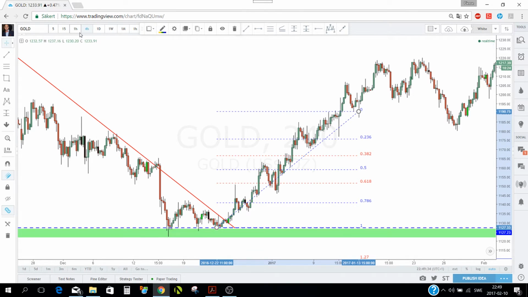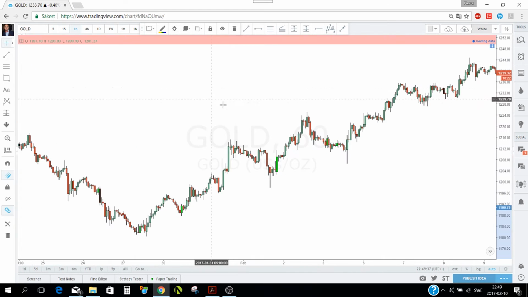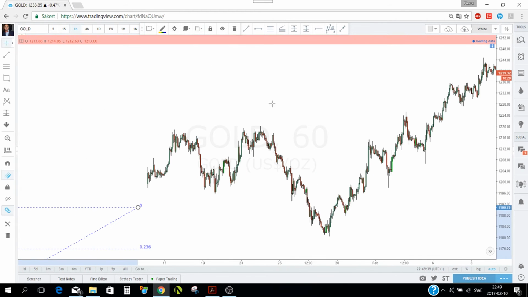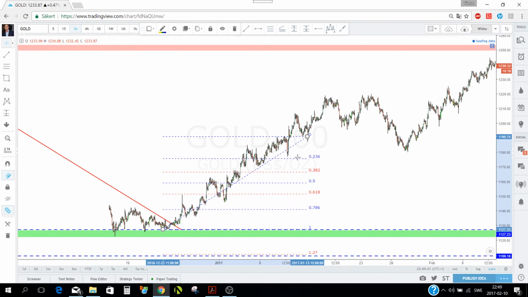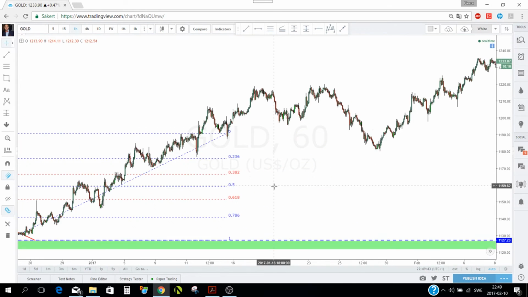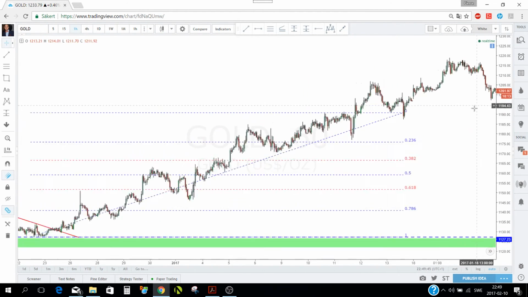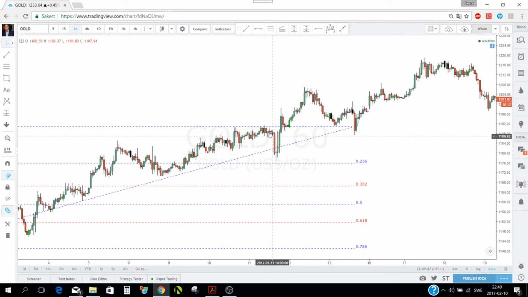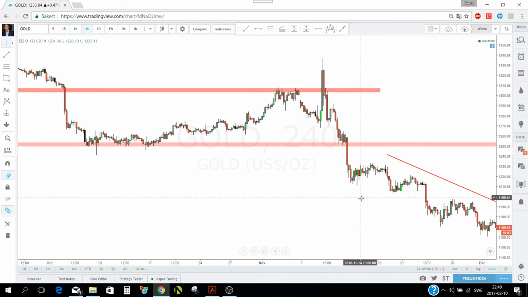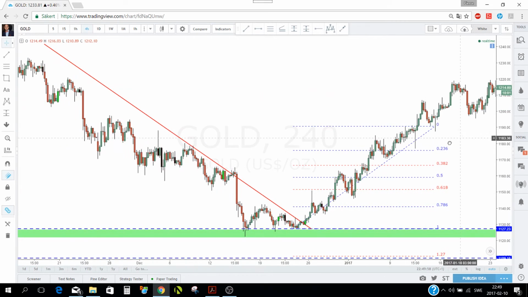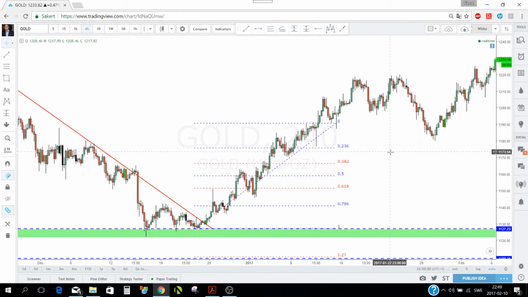Of course, if we go down to the 1 hour, let's see how that pin bar looked on the 1 hour. On the 1 hour we may start to think that we have a retracement here also. Let's go back to the 4 hours so we have a little more chart to look at.